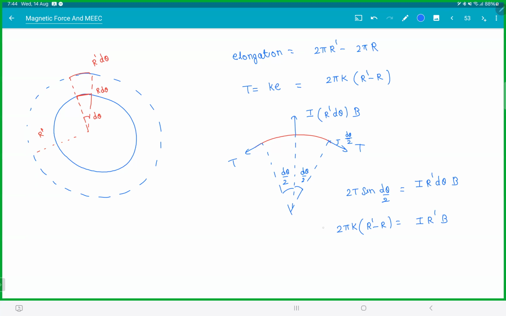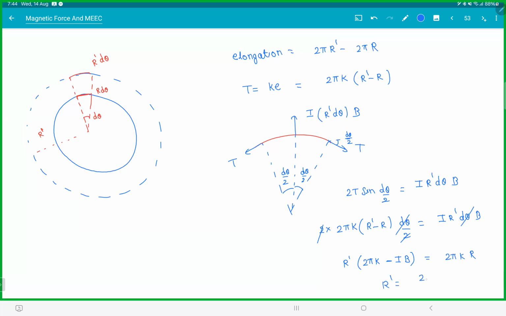So I will just write that 2 into d theta by 2 is equal to I r dash d theta, 2 goes off. Bring all r dash to one side. This would be 2 pi k minus IB is equal to 2 pi k r.